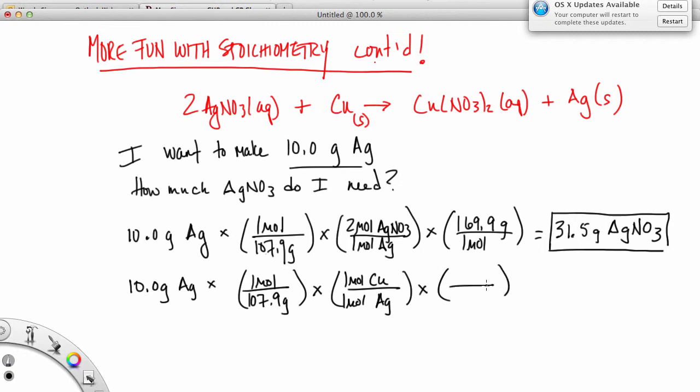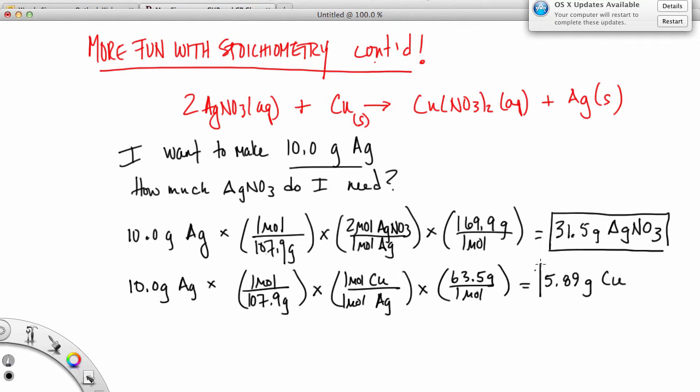And then I need to find grams of copper, so I'll multiply by the molar mass of copper, which is 63.5 grams in 1 mole. So my problem becomes 10 divided by 107.9 times 63.5. And I get 5.89 grams of copper.